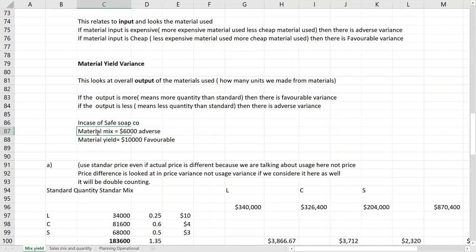Now, it means that the mix was expensive. More expensive material is used and less inexpensive or cheaper material. Does it make sense?